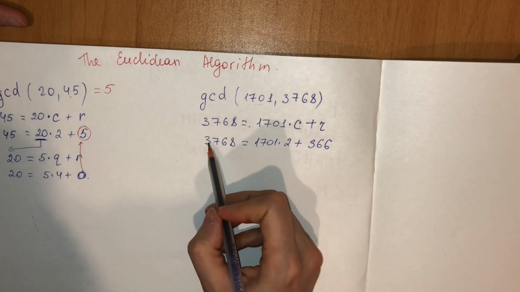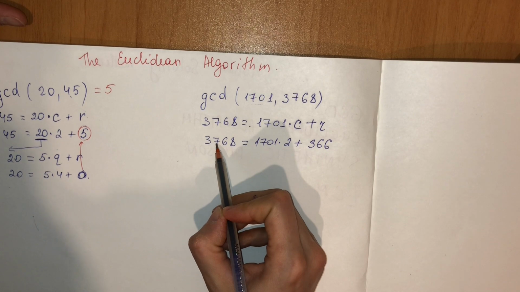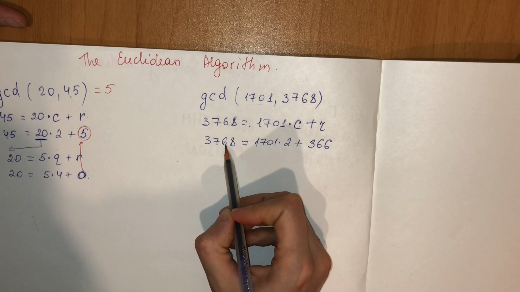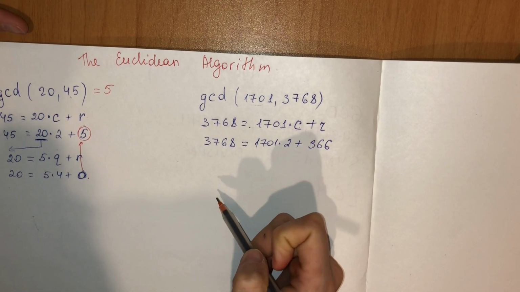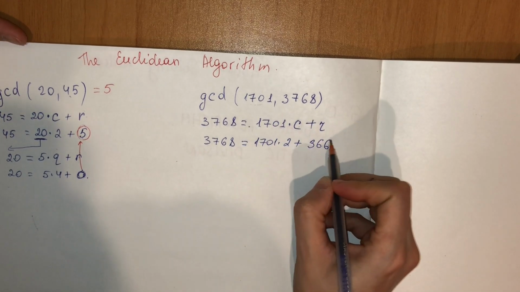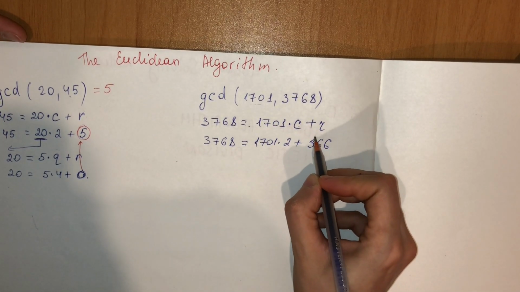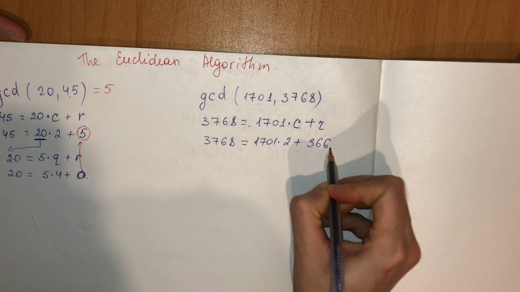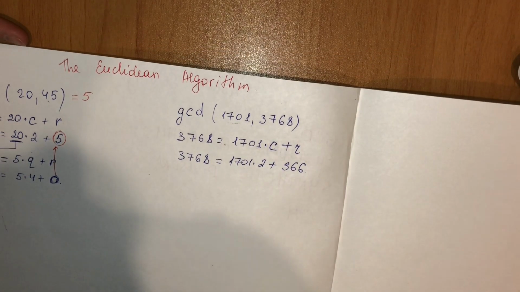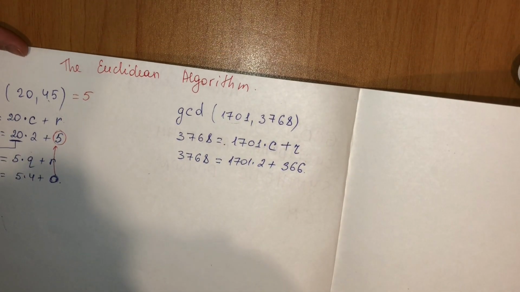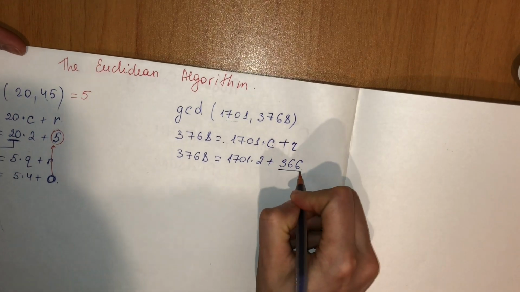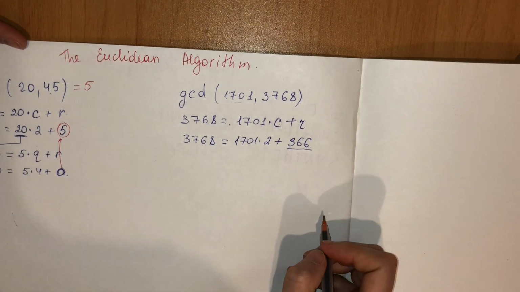3,768 is equal to 1,701 times 2 plus 366. If we continue this process, the remainder is not 0, so we will continue until the remainder is equal to 0. And this is our first remainder.